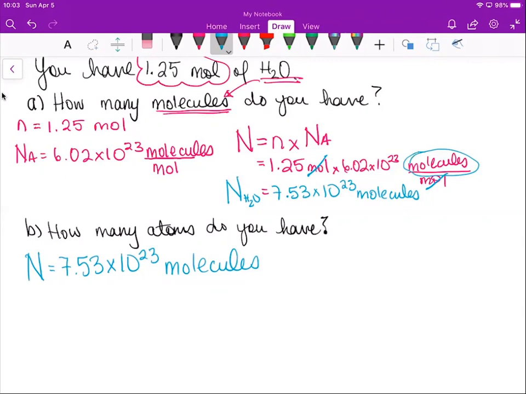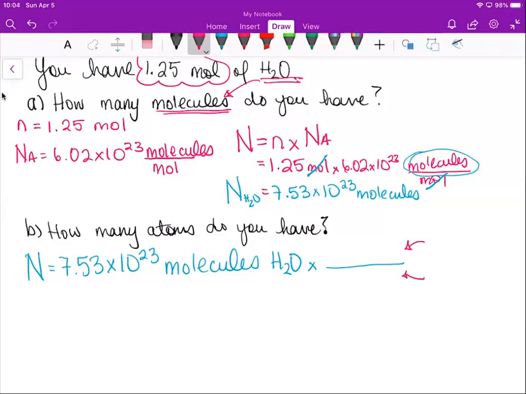So when I'm looking at, I have 7.53 times 10 to the 23 molecules of water. If I want to find the number of atoms, you're going to use what I call a multiplier or a conversion.